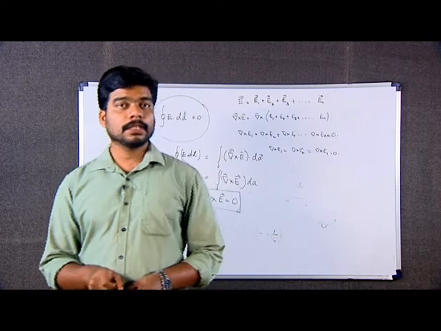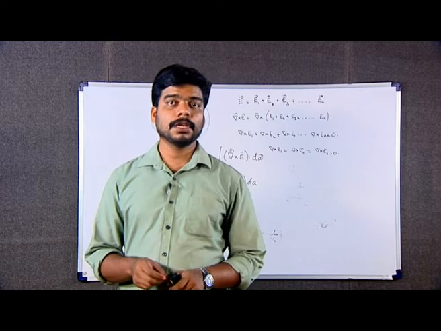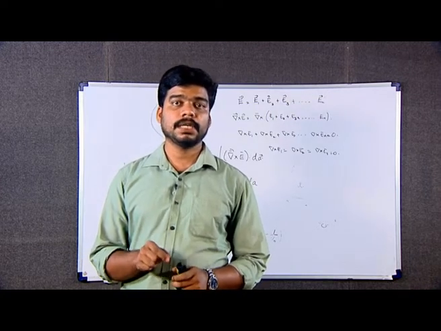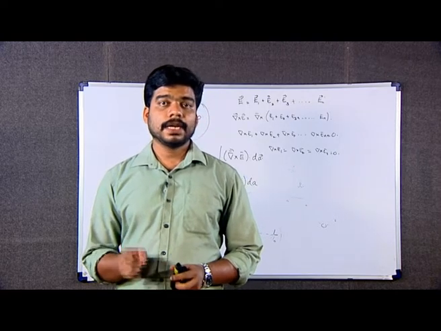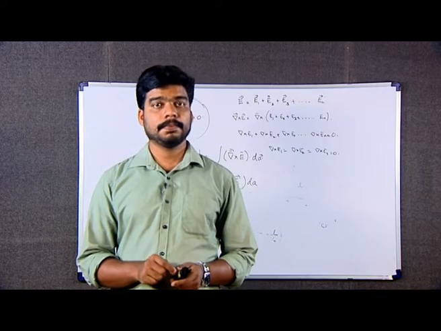So, what is actually electric potential? Electric potential is defined as the work done in moving a unit positive charge from a reference point to a point in the electric field. In the case of an electric field, the reference point is taken as infinity.